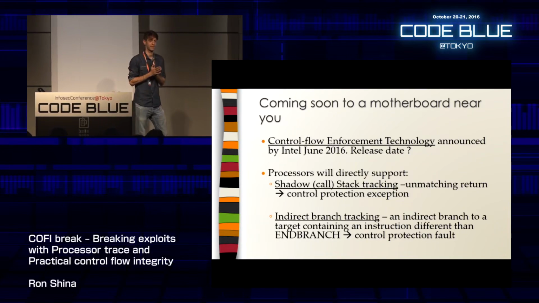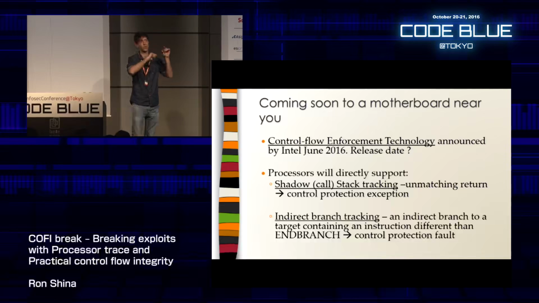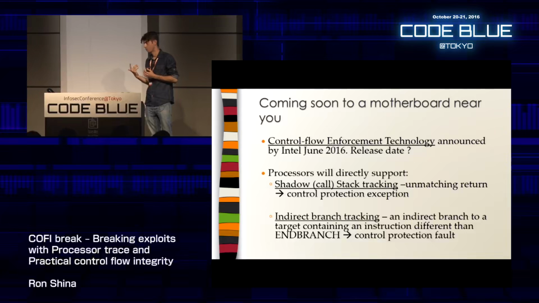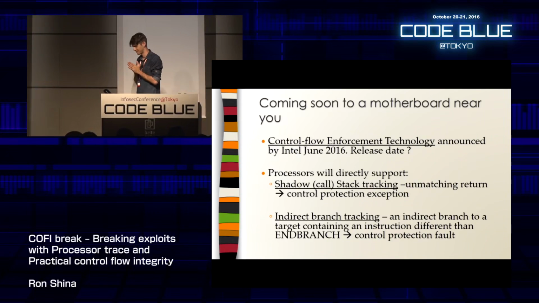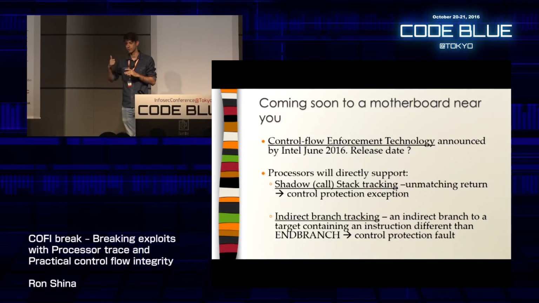And then if it would see a return that it doesn't expect, right? Because when you call a function, you know that it's supposed to return just to the instruction right after. So the processor essentially knows when those returns don't match. So sometime in the future, and they didn't say when, processors will support getting an interrupt once that return doesn't match. So you wouldn't have to do all the tracing that I just mentioned.